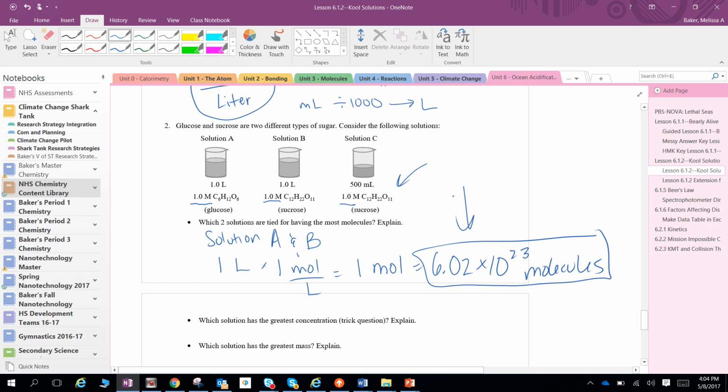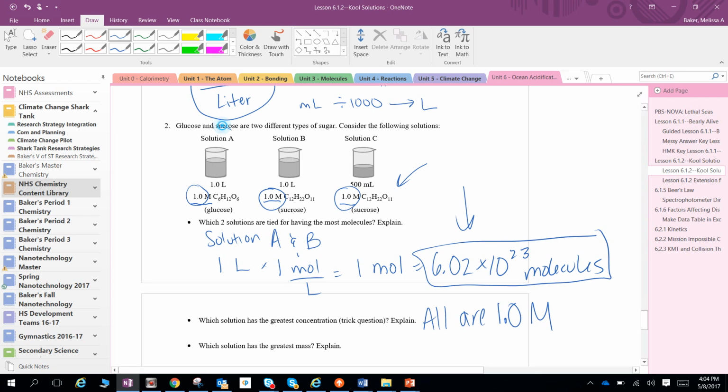Which solution has the greatest concentration? Concentration is the molarity. All 3 are 1 mole per liter. And the last one, which solution has the greatest mass?